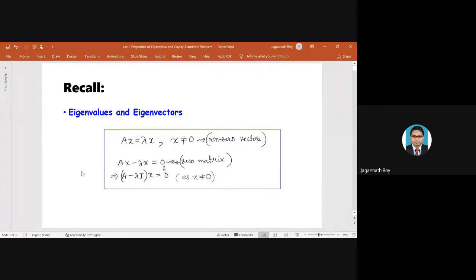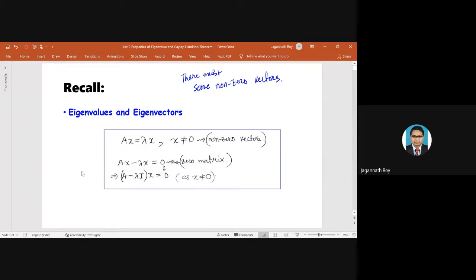Okay, so just to recall what we have discussed earlier, we have defined that there exist some non-zero vectors.